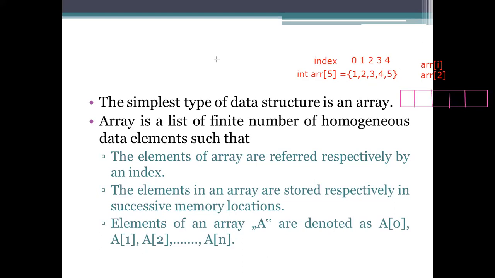Means what is the first element here? The first element is 1. It will be stored here. And the second element is 2. Third element is 3. Fourth element 4. And then the next, fifth element 5. So in a contiguous manner, means successive memory locations will be taken and it will store the elements there. Okay.